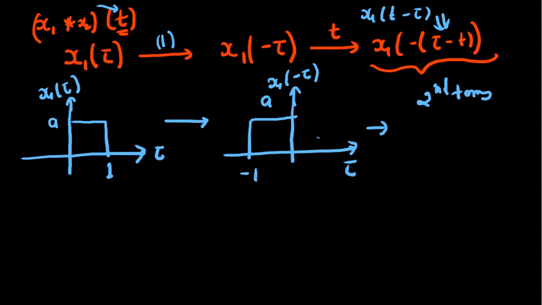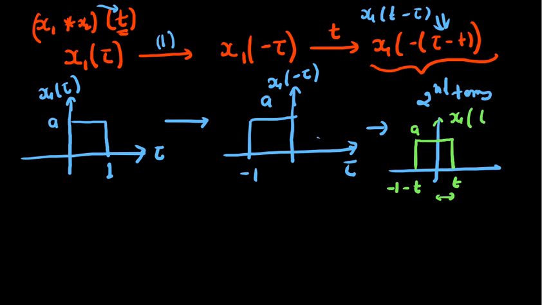So you should start from 0.1 or negative, right? So let's give it some shifting. For example, you give a small shifting. By giving a shifting of t, you will get such a signal, right? This is your x1(t minus tau), second term.